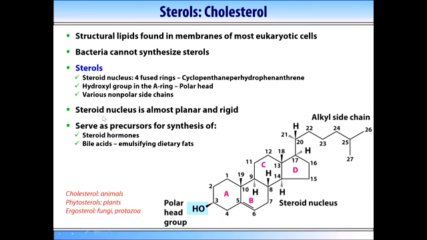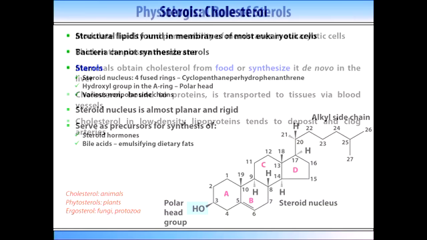Cholesterol serves as a precursor for synthesis of steroid hormones. Also, it's a component of bile acids, and it's an important component of the membrane, as we mentioned here. But again, cholesterol is an important component of the membrane only in eukaryotes. Bacteria do not have it.